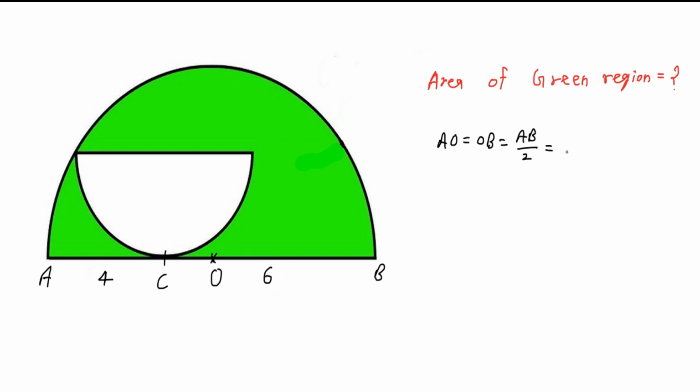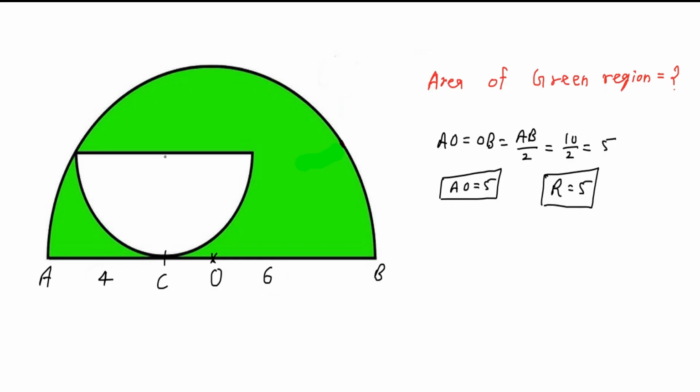Here AB length is 4 plus 6, that is 10 units, and when it is divided by 2 we will have 5. Here AO is 5 units of length. In fact, this is the radius of the bigger circle, and let's call it capital R. So here capital R is 5 units of length.